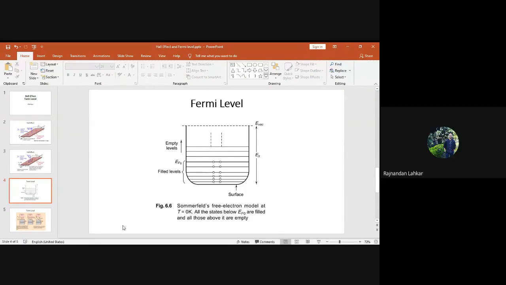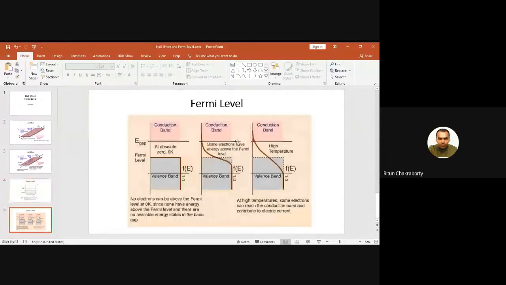Now you see this figure. The first figure is for a semiconducting material. For intrinsic semiconductors, the Fermi level lies exactly between the valence band and the conduction band. In the first figure, it is the intrinsic semiconductor maintained at a temperature of 0 Kelvin.